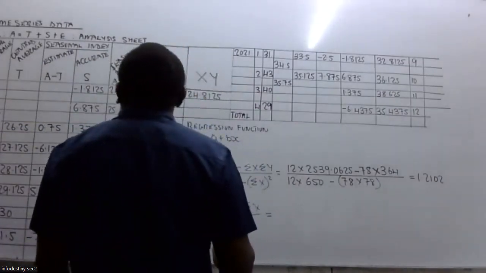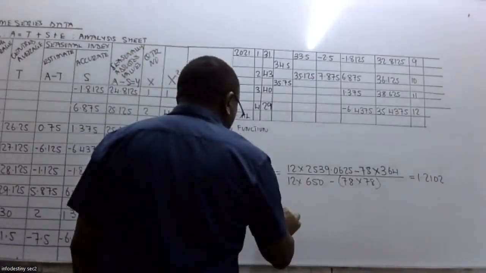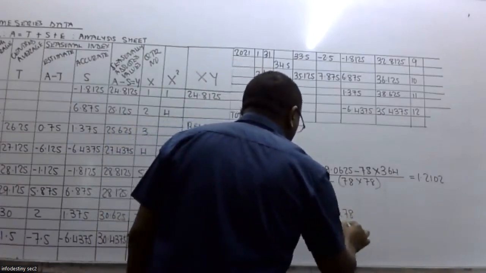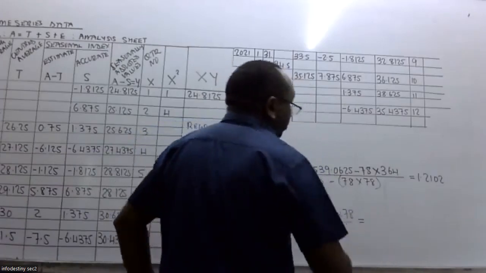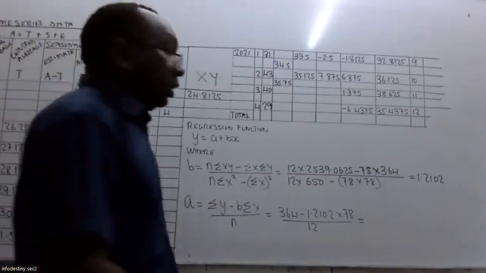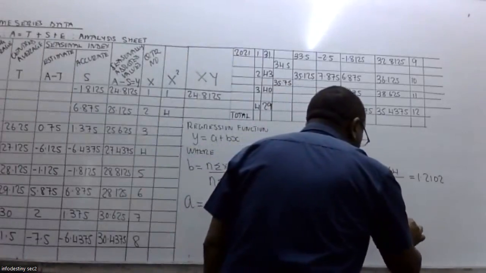So sum of y is 364 minus 1.2102 multiplied by 78. You divide by 12. That's maybe 22.467.